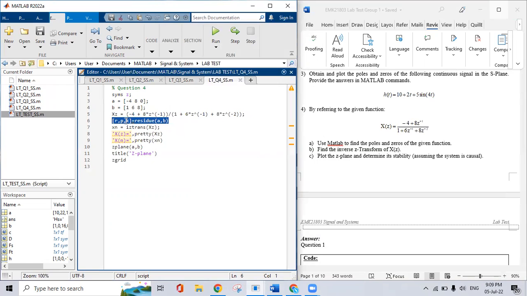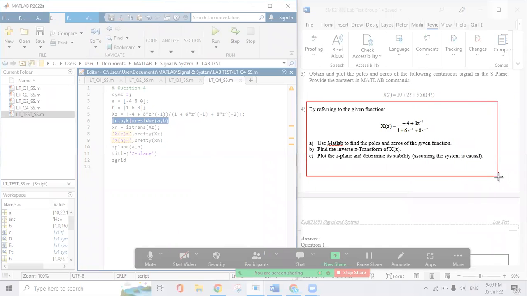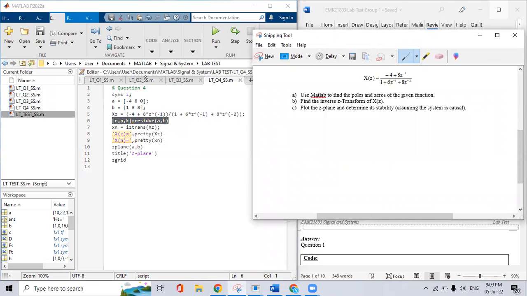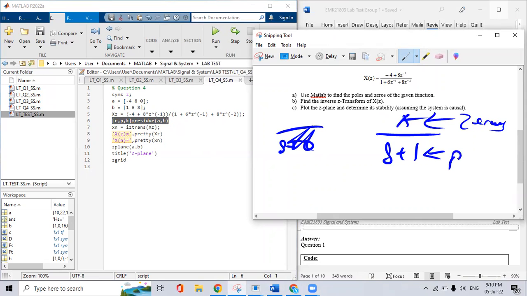And then by looking at the partial fractions, we will find the poles and zeros. Why? Because s plus 0 over something, this will be zero, and this will be poles.